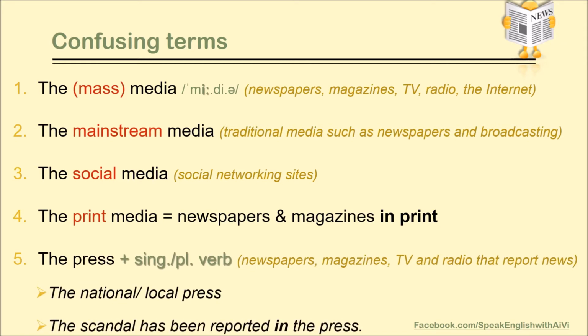You can use media with a singular or a plural verb. Similarly, you can use a singular or plural verb with the press. We say the local press, for example, or the scandal has been reported in the press. The scandal has been published in the media.